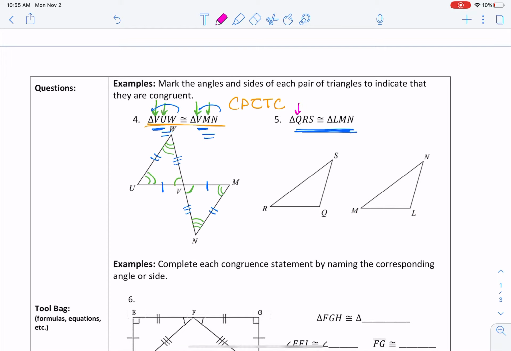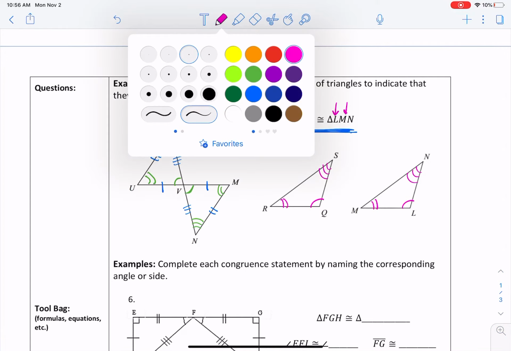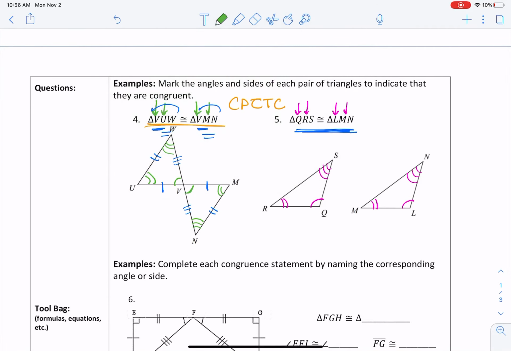So Q is congruent to L. R is congruent to M. And that leaves S congruent to N. Sides, QR and LM, RS and MN, and then SQ and NL.